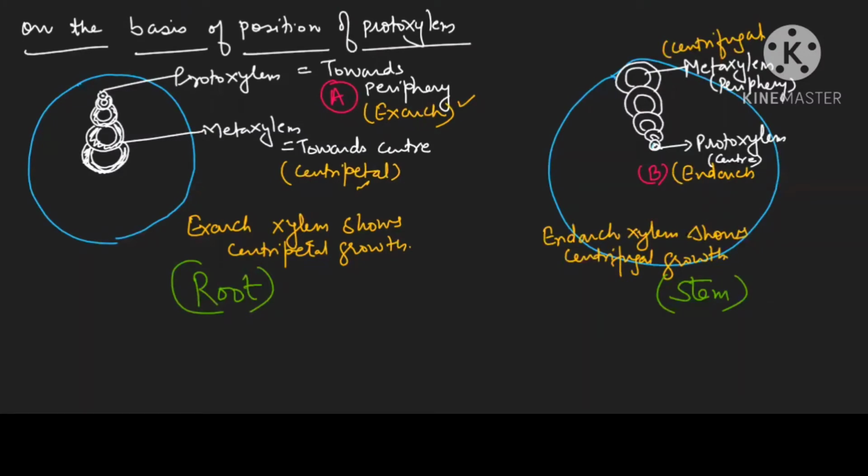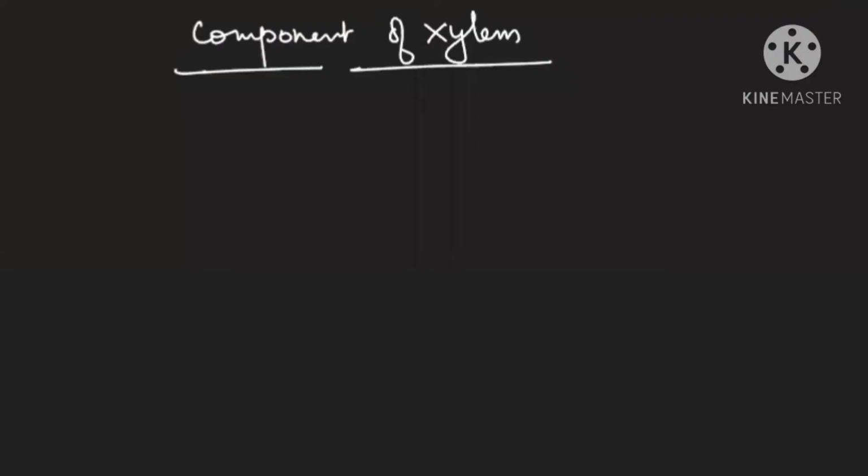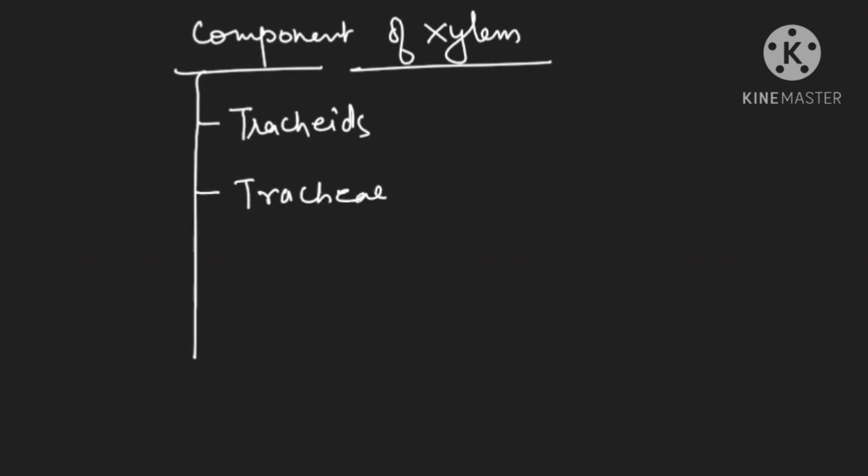Now let us discuss the component of the xylems. Now see here, xylem is having four elements. Tracheids, tracheae also known as vessels, xylem fiber and xylem parenchyma.